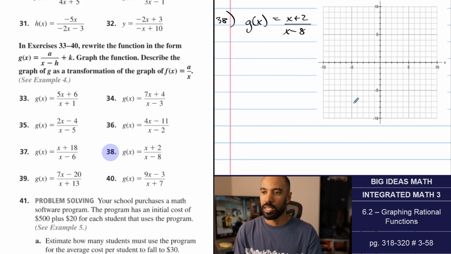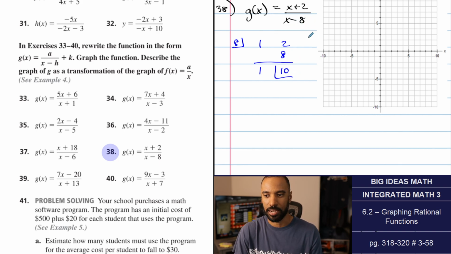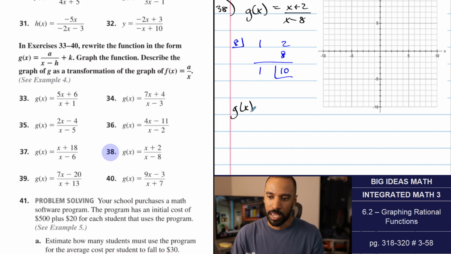Your root is 8. Your coefficients on top are 1 and 2. Through synthetic division, we get 10 as the remainder. That one's not bad. The problem is the 8 here. 8 is part of the vertical asymptote, right? So our equation is 10 over x minus 8.